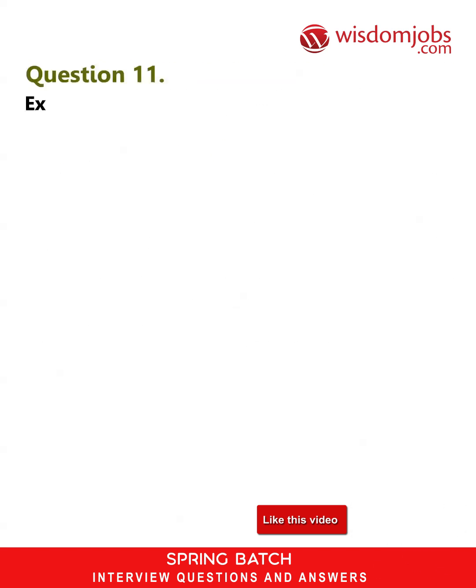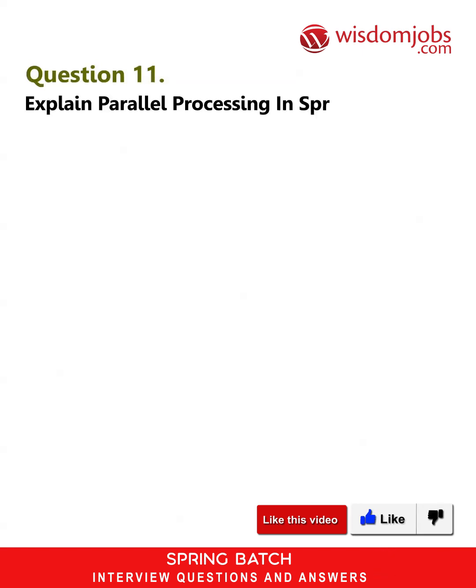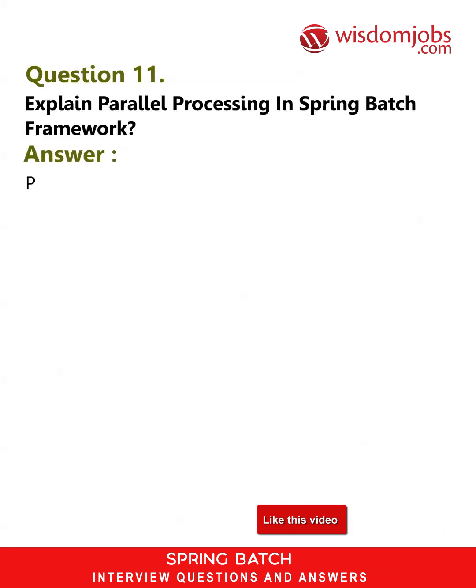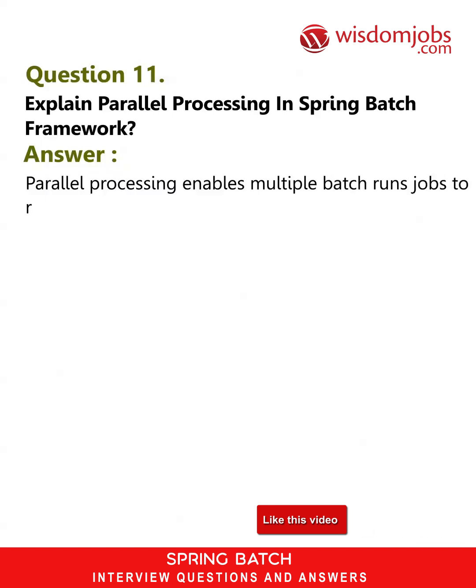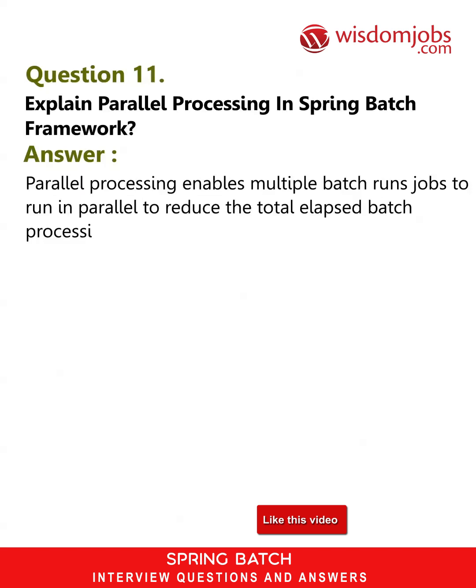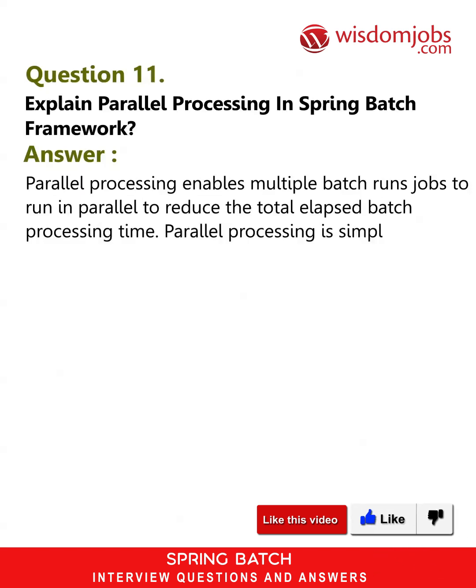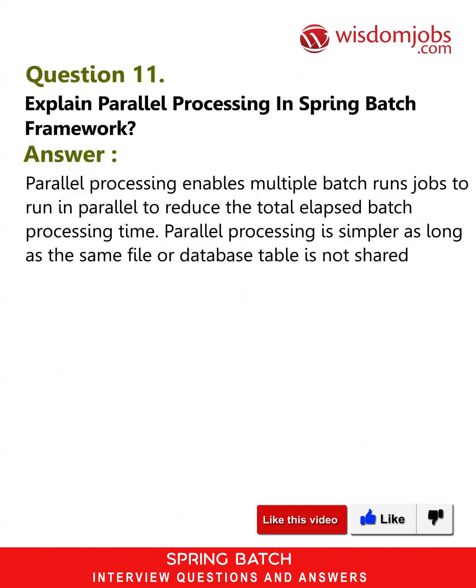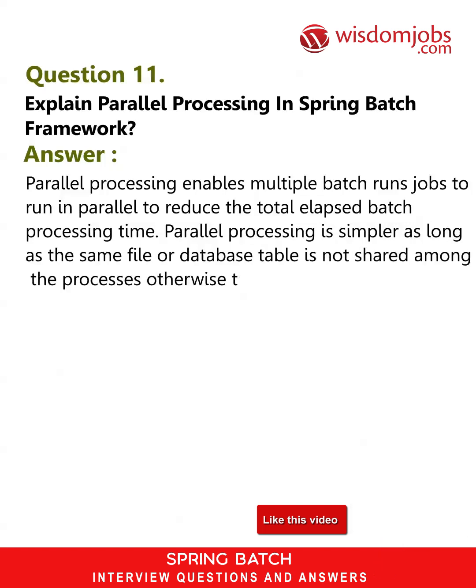Question 11. Explain parallel processing in Spring Batch Framework. Answer. Parallel processing enables multiple batch run jobs to run in parallel to reduce the total elapsed batch processing time. Parallel processing is simpler as long as the same file or database table is not shared among the processes, otherwise the processes should process partition data.